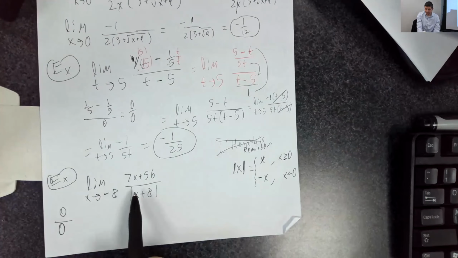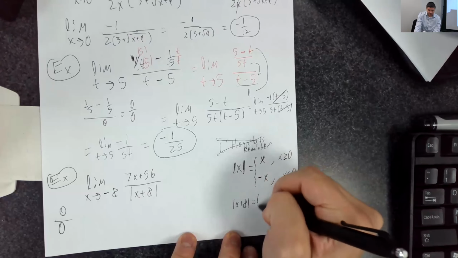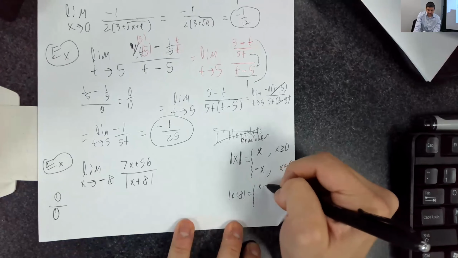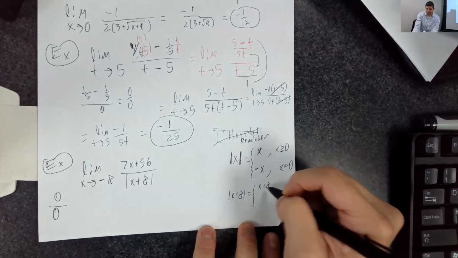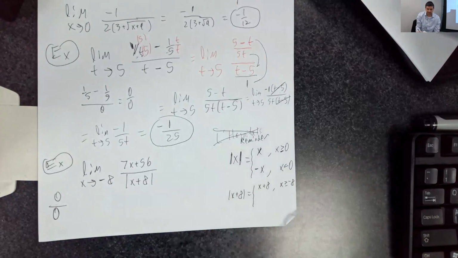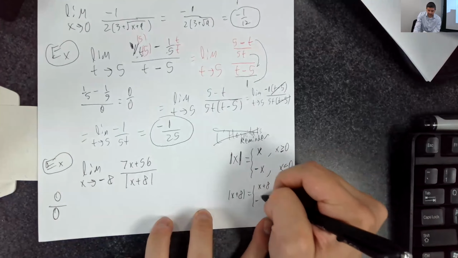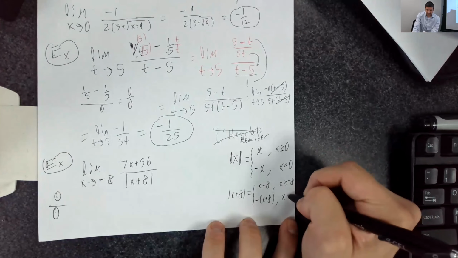So here, when we have the absolute value of x plus 8, it is x plus 8, but only if x plus 8 is positive, which means x is greater than -8. And it's going to be negative (x plus 8) if x is less than -8.